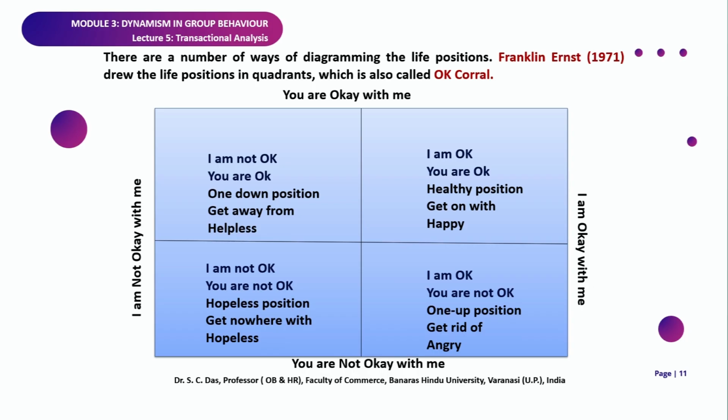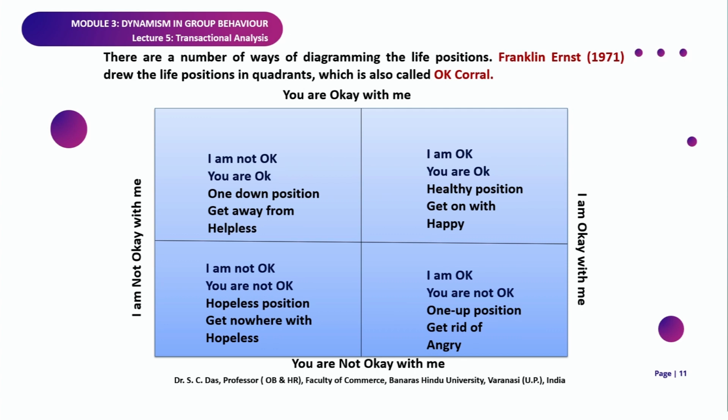In four quadrants, you can see four different parts. On one part, left side, I am not okay with me, you are okay with me; you are not okay with me, and I am okay with me. That defines what kind of assumptions we have about the individual and others. For example, I am okay with me, that means I am fine with me, but I am not fine with you.